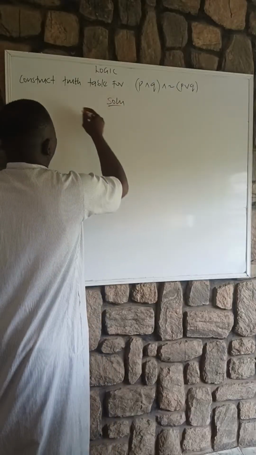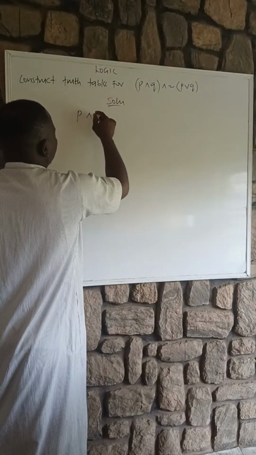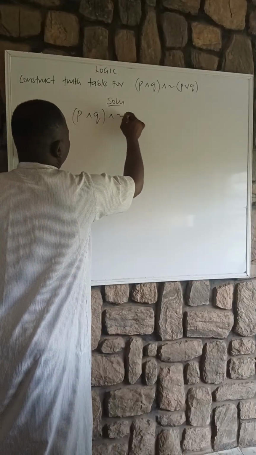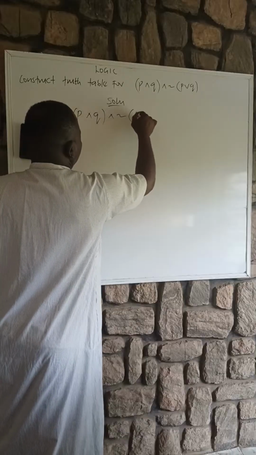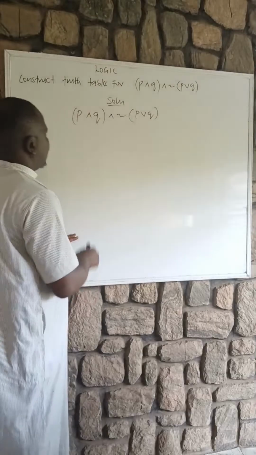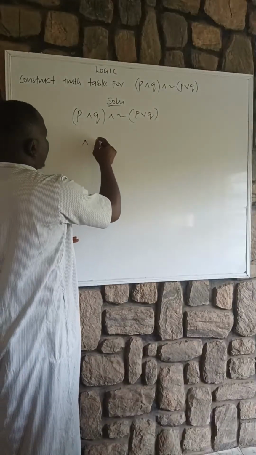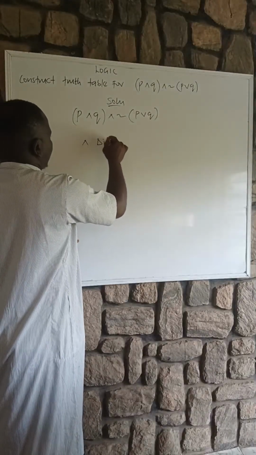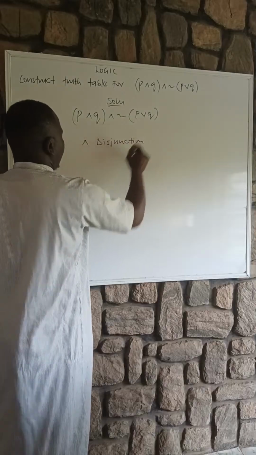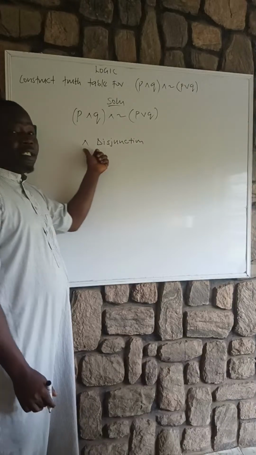solution, truth table for P disjunction Q, disjunction negation, open bracket, P conjunction Q. This means disjunction. And this is the notation.